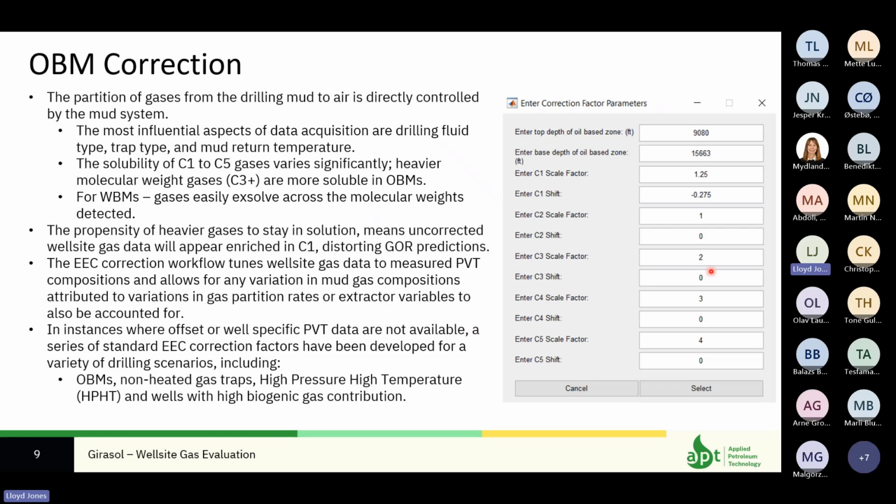If you tune to a deeper reservoir where you have confidence that your measured PVT GOR is accurate, and you tune the mud gas compositions to match that PVT data point, you know that the GOR predicted in the shallower reservoir, which has the high oil-based mud contamination, is going to be accurate and gives you some confidence that you're predicting a realistic value.